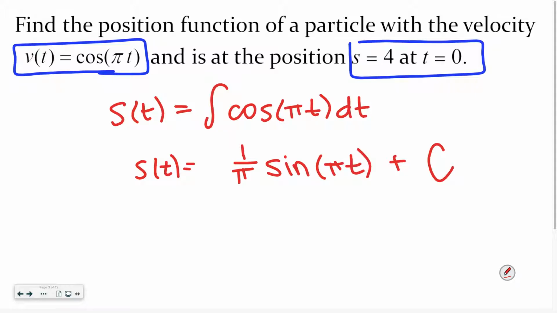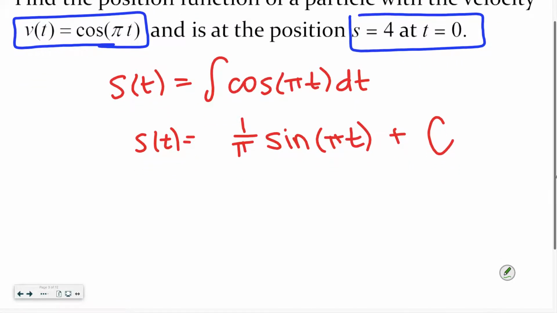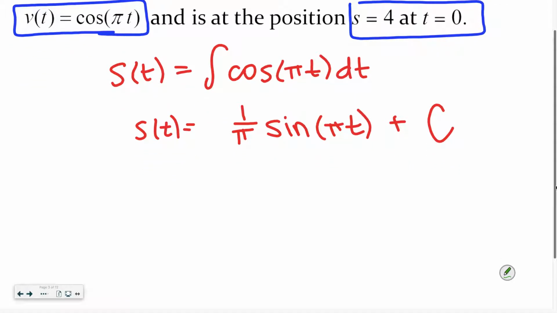Okay. Well, we have an initial condition. The position is 4 when time is 0. So, what's C?